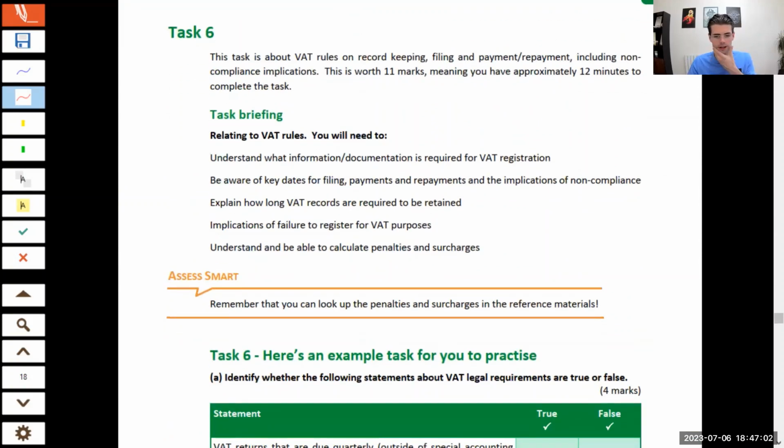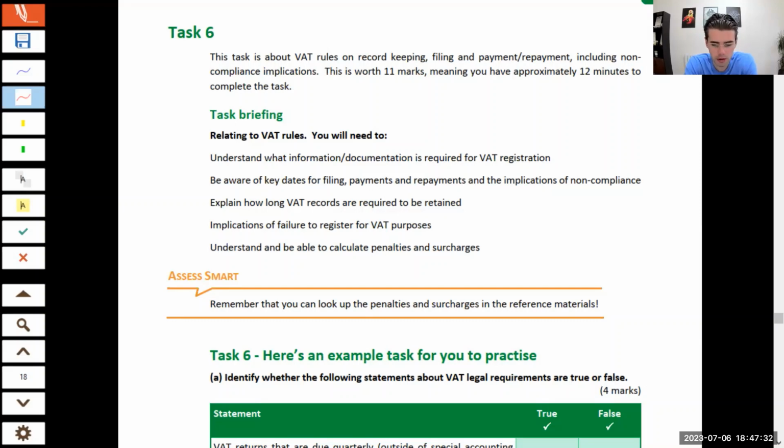Now, we've got one little bit left to do and about 10-15 minutes to do it in. Truthfully, this is probably the nicest task. We've gone from the trickiest to the easiest, because this is literally just checking the reference material quite a lot. It will be your best friend in this one. Task 6 deals with rules on record keeping, filing and payments and repayments, including non-compliance implications.